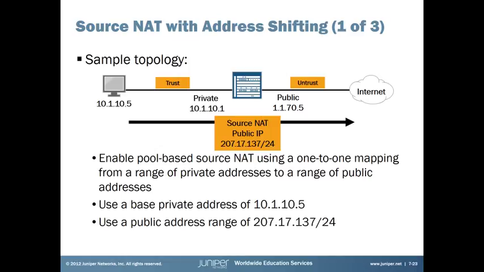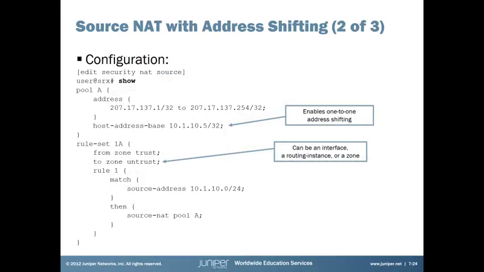This is source NATing with address shifting. We have a pool-based source NAT using one-to-one mapping, a range of home addresses to a range of public addresses. Let's take a look at this configuration here. We have a pool at the top there, pool A. We have a host address base, which enables one-to-one address shifting.